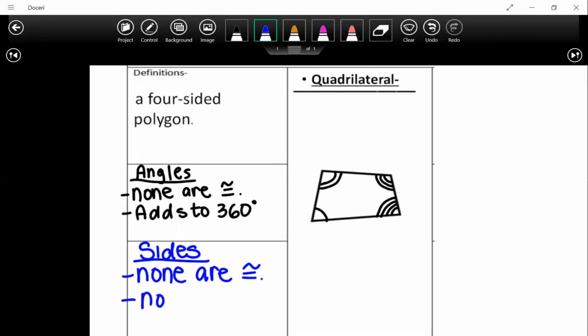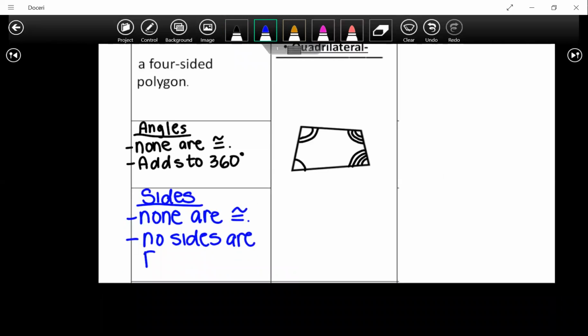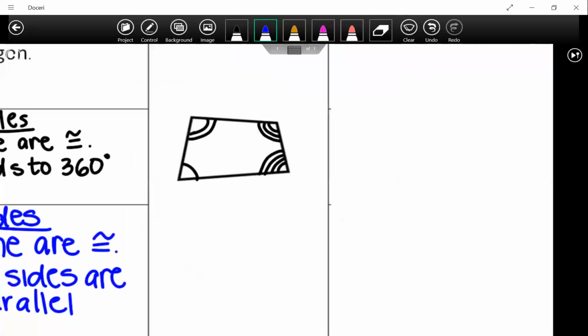No sides are parallel. And the way that we represent that is just by showing different sides are not congruent. So one side here, 2 sides here.